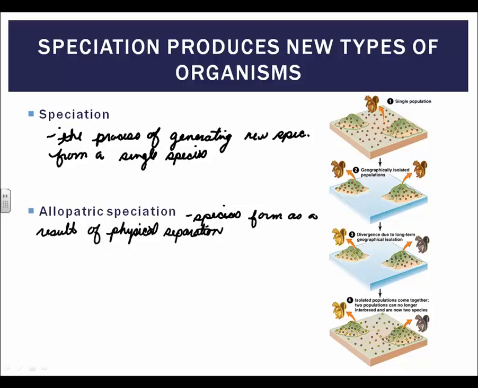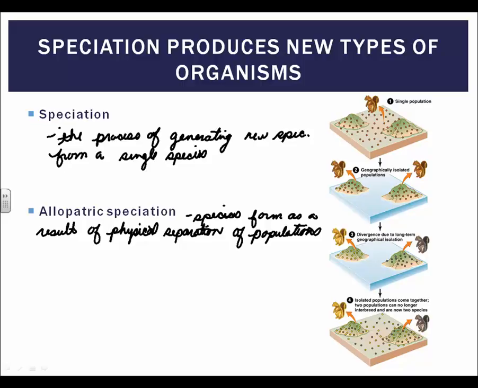Physical separation of populations. So this is the main mode. We could have populations being separated by glaciers, by rivers, or mountains. So each population with its own set of mutations basically diverge.